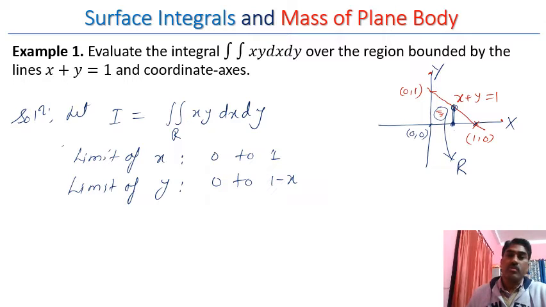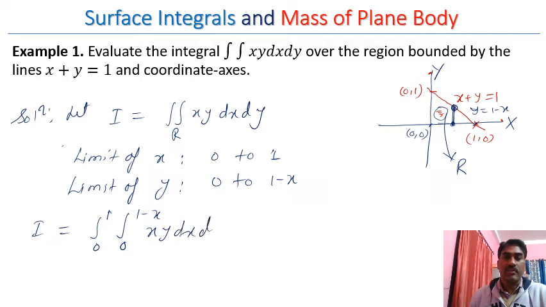So the lower limit of y is 0 on the x-axis, and the upper limit of y is on this line, meaning 1 minus x. So y is equal to 1 minus x. Putting these limits, I becomes the integral from 0 to 1, 0 to 1 minus x, of xy dx dy.